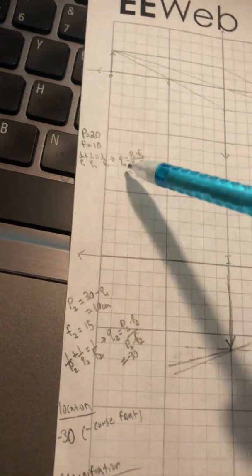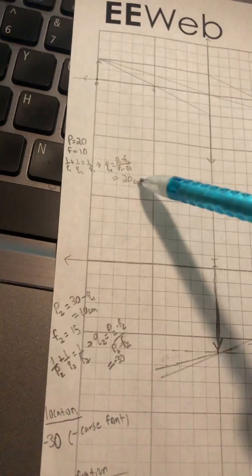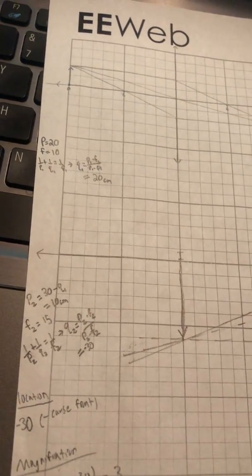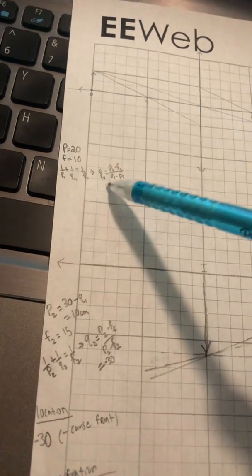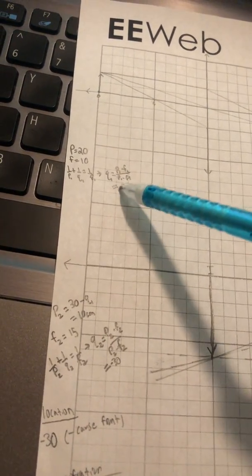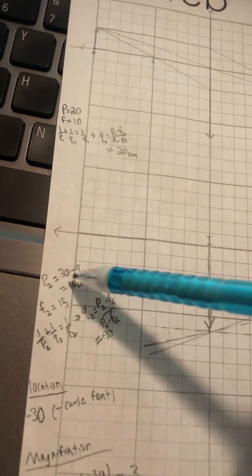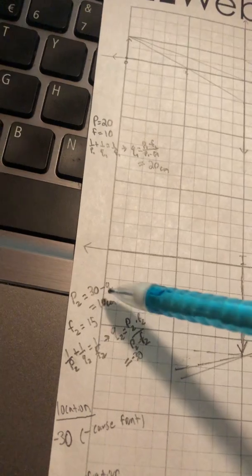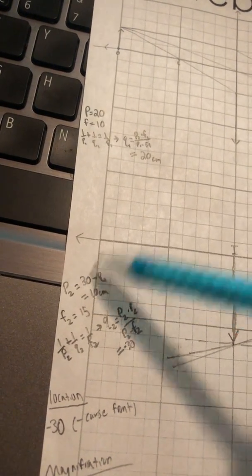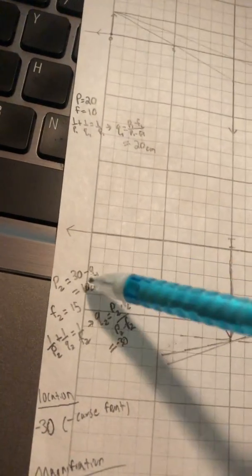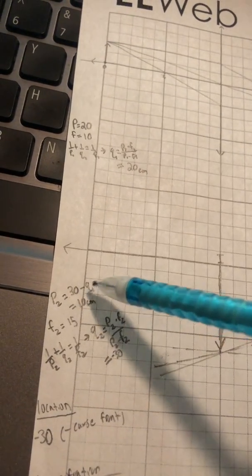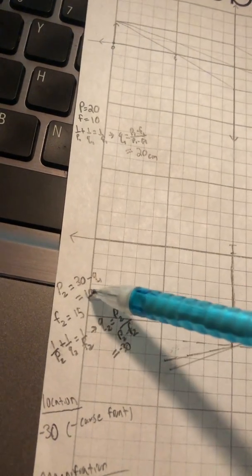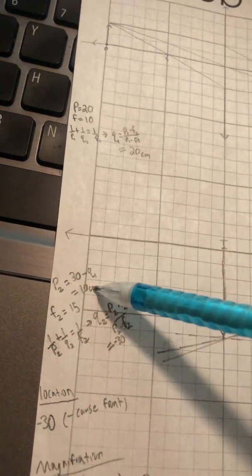When we find that answer, it is q1, and q1 at the top is 20. Once you have that new image, the q, you take it down here to find the new object distance. You take 30, the distance between the lenses, and subtract q1, the distance of the image, and 30 minus 20 gives you 10.